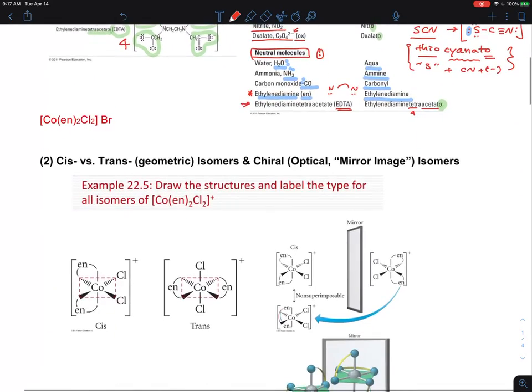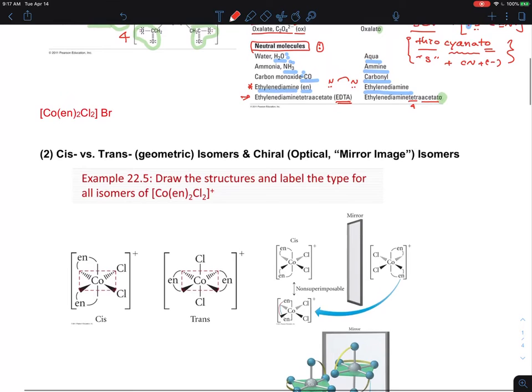And also I'm going to show you, if I solve the problem on the diethylene diamine, let's have a look at it. This is a bromine. Bromide is a negative charge, so the overall complex is plus, but the chlorines here give out -2 charges, and there is no charge to make the overall.